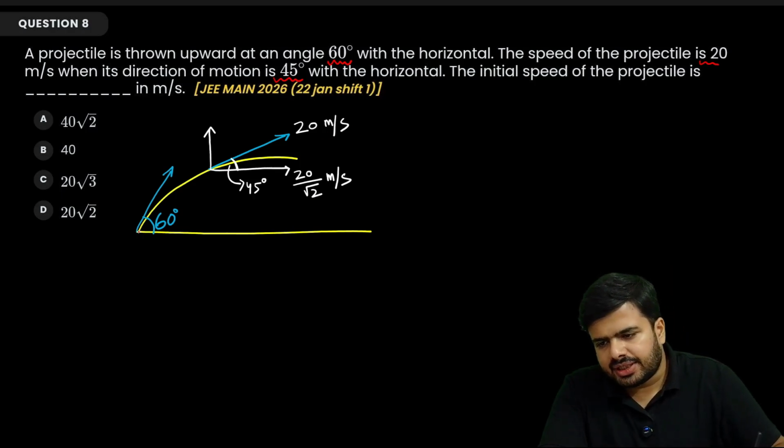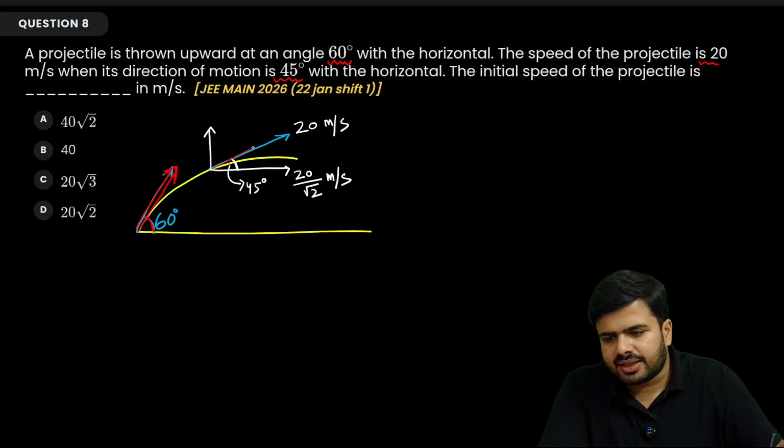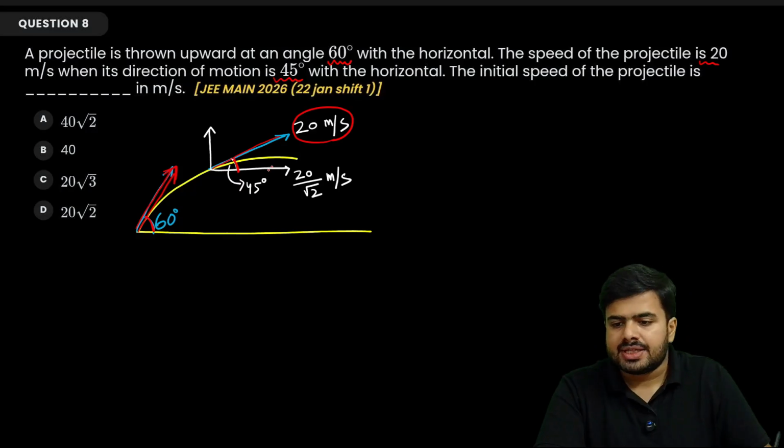As per the given conditions, this is the initial direction of projection, making 60 degree with the horizontal. Once it makes an angle of 45 degree at this point, the velocity is 20 meter per second, which will have a component along the horizontal direction.